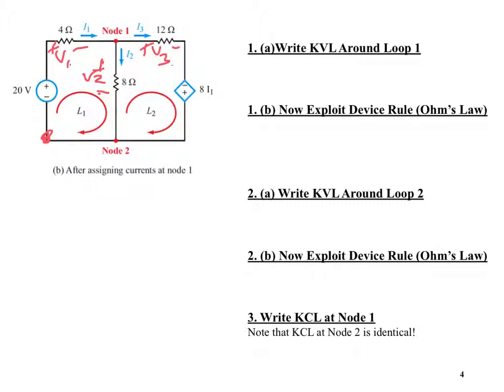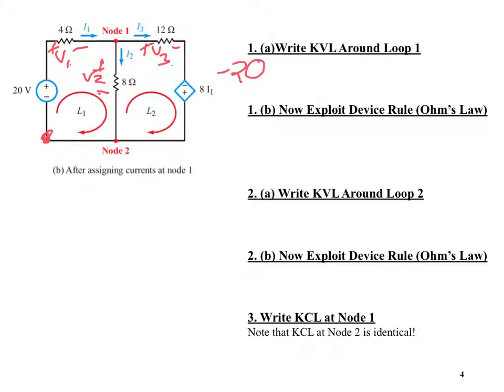The first thing we run into is the 20-volt source, and we're going into the negative side of it. So our rule is that it contributes as a negative term to our sum. We do know the actual value of this, so it will be negative 20. So there's the first term of our KVL sum.